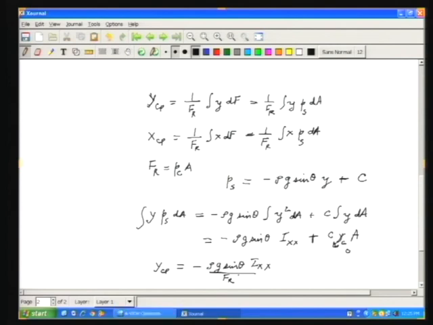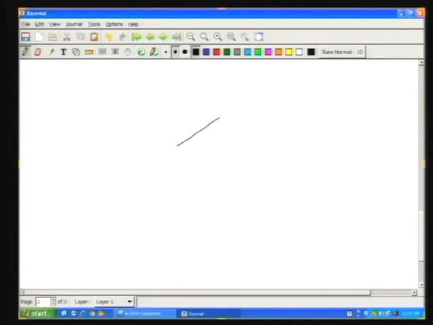Now, we expect this to be negative, the reason being that you have a distributed load. So, if this is your inclined surface, if you show the pressure, it is going to increase as you go down. So, you have a distributed load like this.